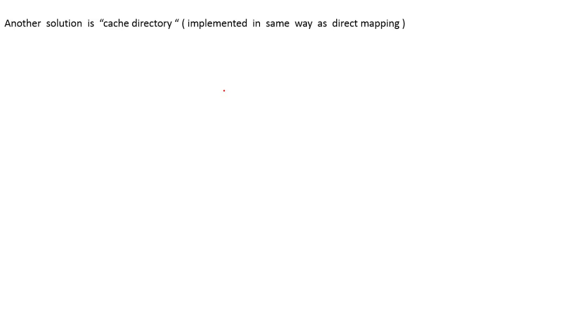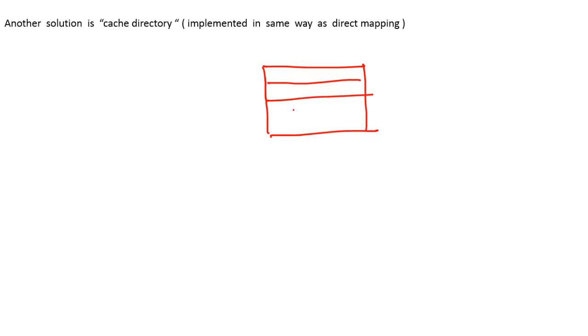This is also the additional memory that we are using for the software solution, called the cache directory. So assume that this one is a cache directory. Okay, and these are the memory words, and in each word the information that was stored in the tag register in case of hardware mapping will be stored in each word of this cache directory.